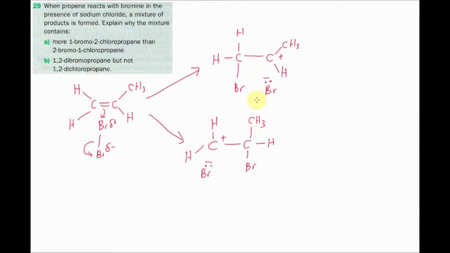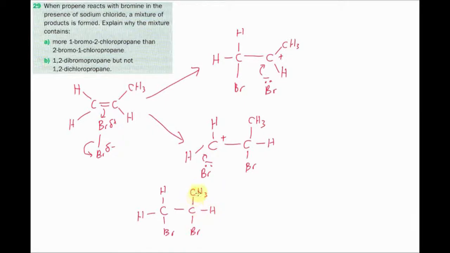Now when they react and you form the product, so when this bond forms here and when this bond forms here, we're going to end up with, in both cases, this thing here. So we're going to have a bromine there, we're going to have a bromine there.